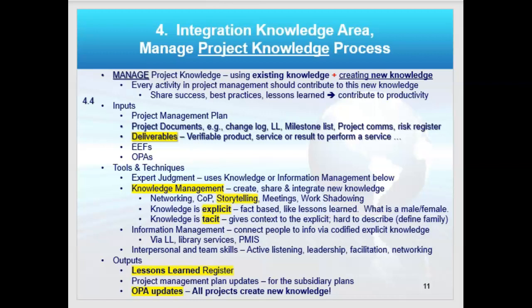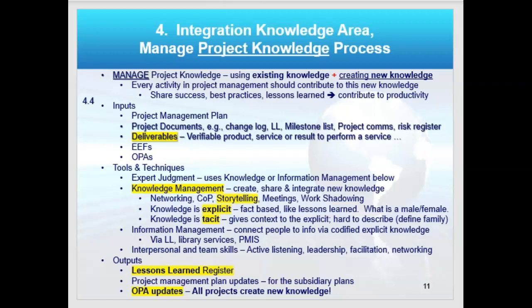This is the knowledge I'm gaining that I want to share. In my tools and techniques, of course, I have expert judgment and information management, some other good stuff. But look, knowledge management is a key tool, right? If I'm doing Agile, that happens through storytelling. If I am doing predictive, it's going to happen through, say, networking.